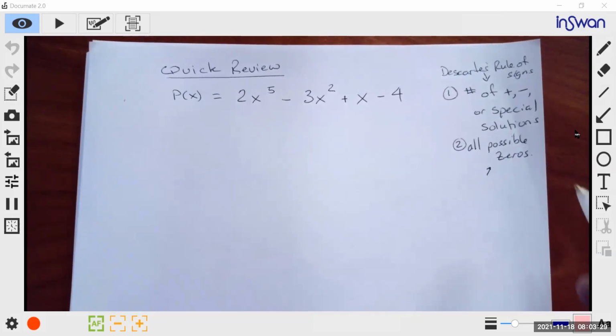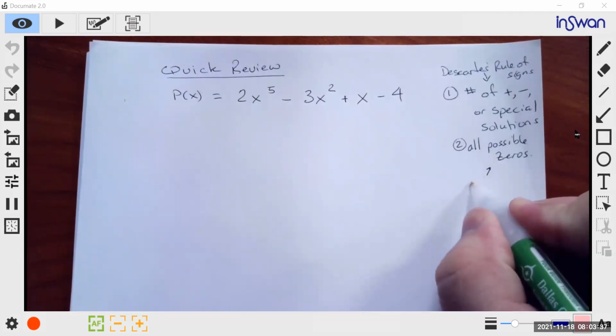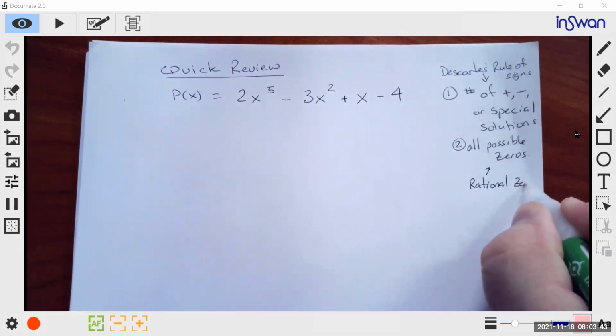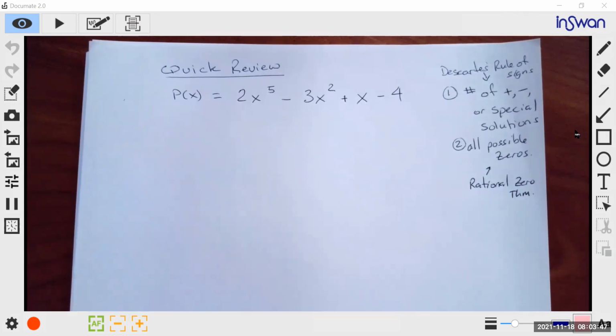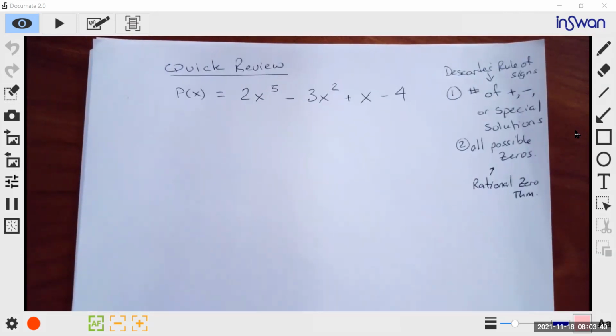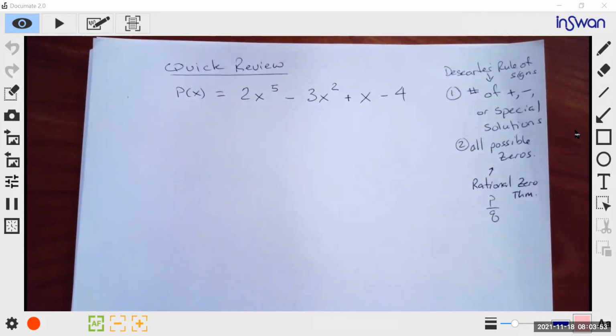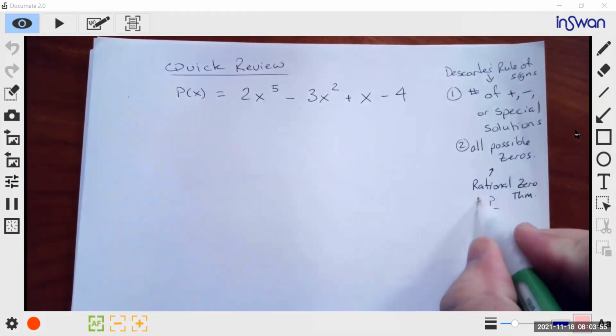And all possible zeros, what was that called? Yep, very good. Rational zero theorem. And that formula was P over Q, or all the possible factors.